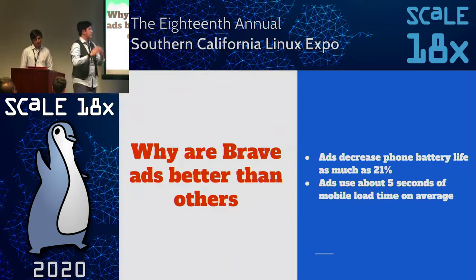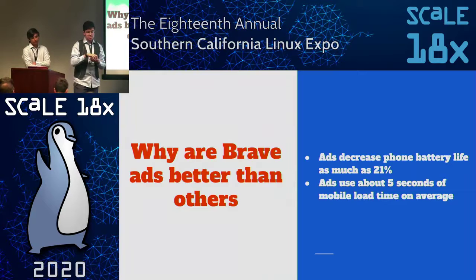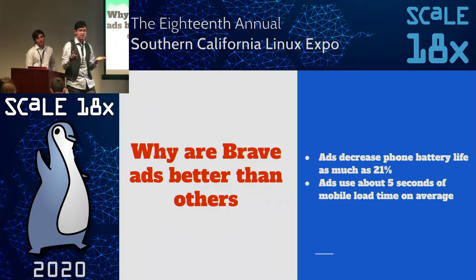So we're going to talk about why Brave ads are better than just your average pop-up or commercial ad, maybe when you're watching TV or just browsing the web. So pretty much ads with Brave, they don't take up as much battery life as your normal ad would. It reduces the battery consumption by about 21%, your average ad, while Brave, it doesn't really take that much time.